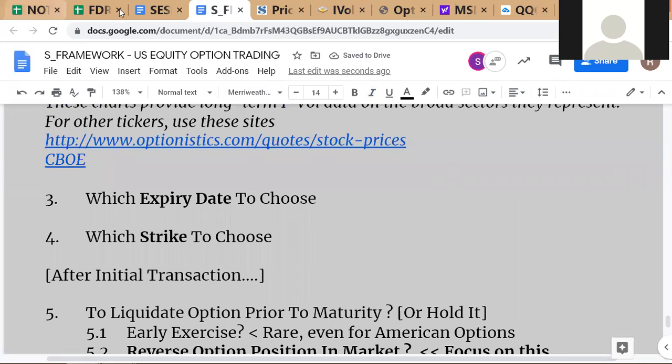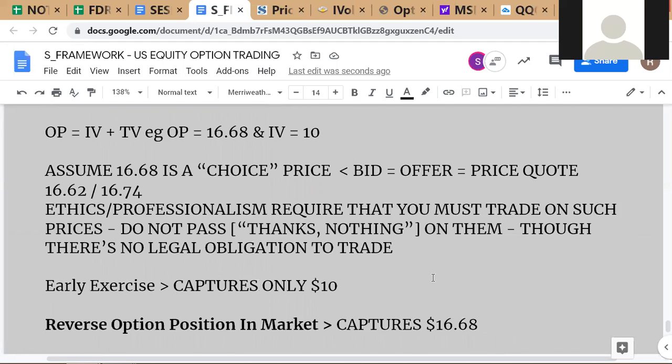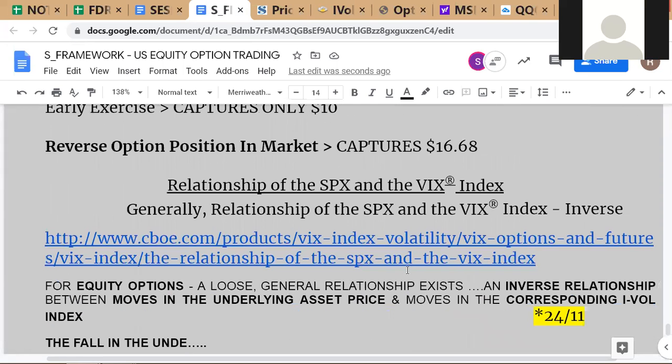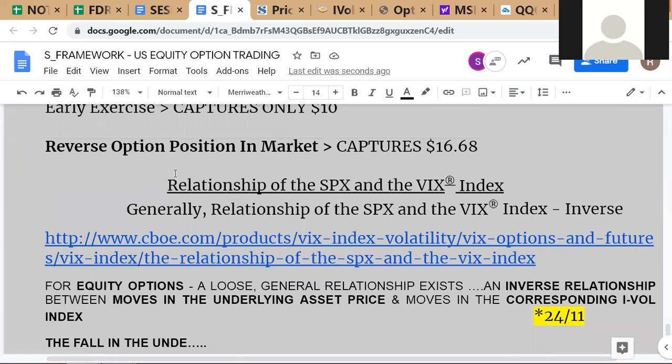This is what we spent a lot of time in the previous class discussing. All right, so option prices, a little bit of information. Now here we have to talk about this topic. I'm going to rename this topic here.